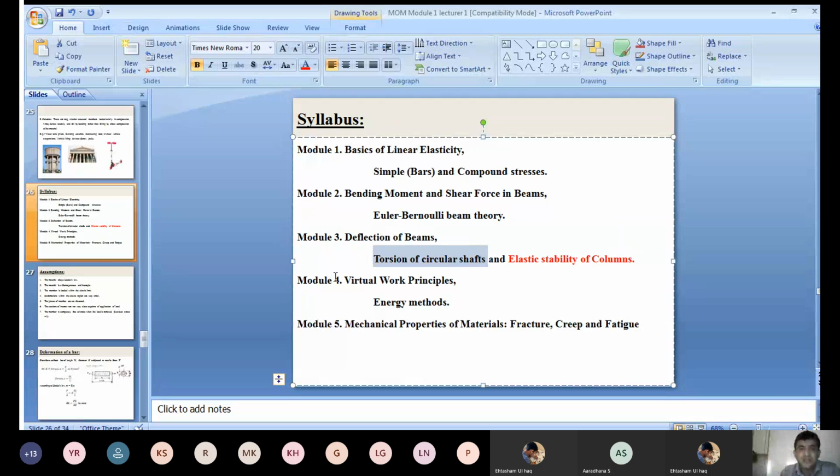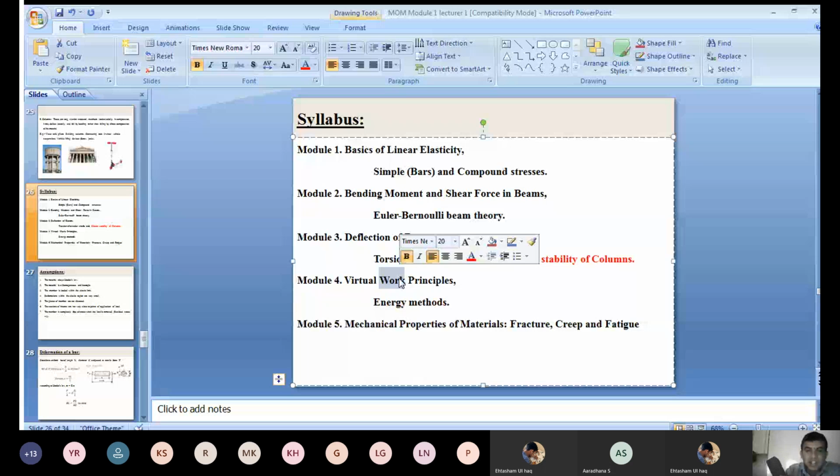Coming to the 4th module, here we study the virtual work principle. What is meant by virtual work? Virtual means imaginary. Physical work is force into displacement. If a force acts on a component and causes displacement, work is done by the object. But here, what type of work?